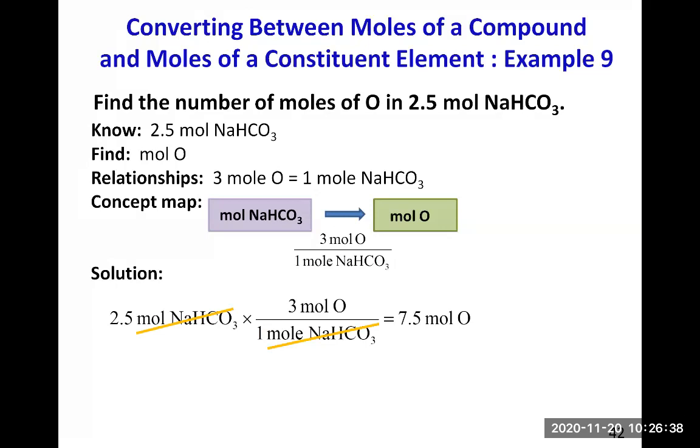Remember, the 2.5 moles is in the numerator, so you multiply that by 3, and that's 7.5 moles of oxygen in 2.5 moles of sodium bicarbonate. So basically 3 times more oxygen than you have units of NaHCO3.